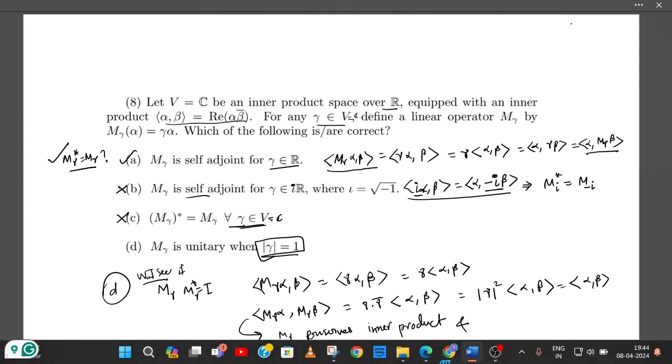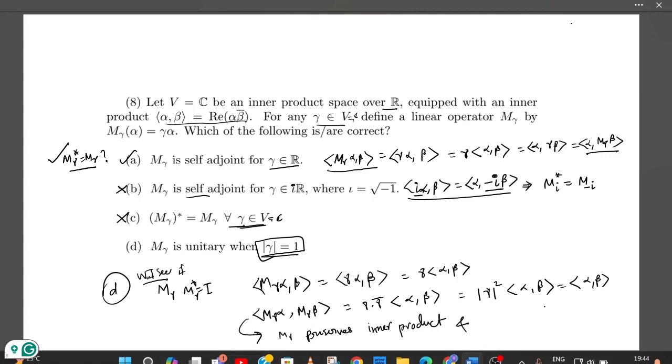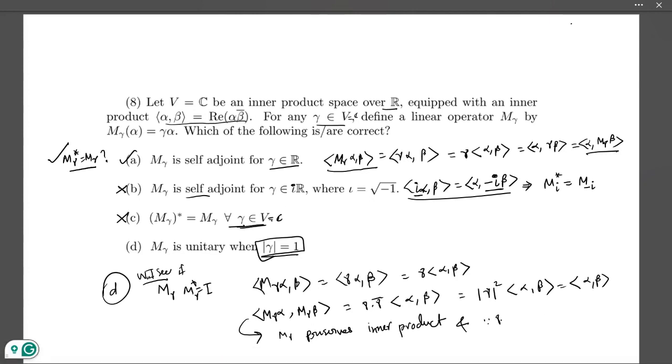This line implies, and since norm gamma is 1, gamma is non-zero, and multiplication by gamma has an inverse. Sorry, invertible, or isomorphism.